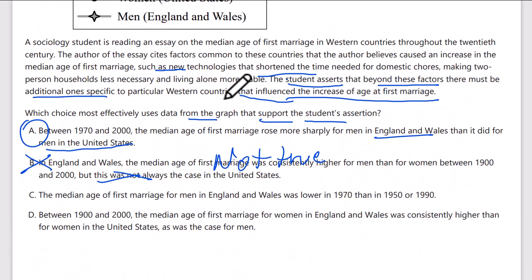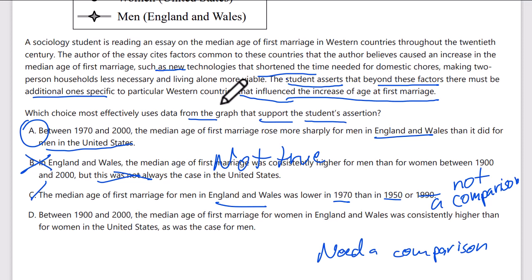So that could be the answer, but that's not going to be the answer because the median age of first marriage for men in England and Wales was lower in this year than it was in the other two years. That is not a comparison. The correct answer here has to have two parts, a comparison.